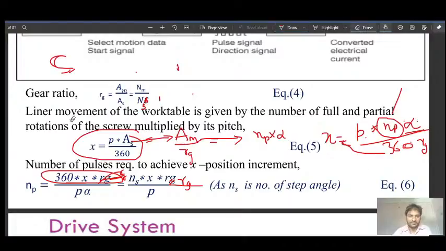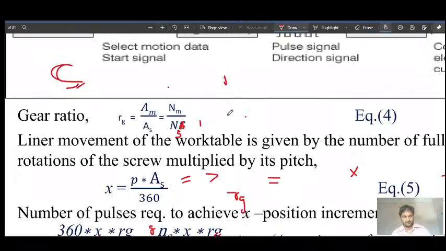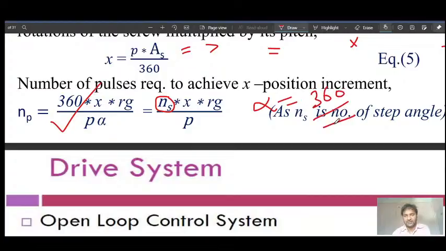So we have this one. Let me show. This one is okay. And then if you remember how to use number of step angle, as we have got alpha is equal to 360 by number of steps NS.